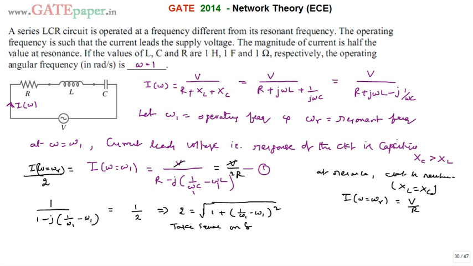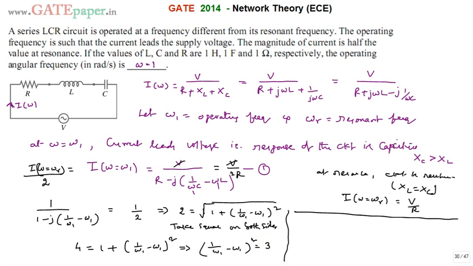So this will be 4 is equal to 1 plus 1 by omega 1 minus omega 1 whole square, so 1 by omega 1 minus omega 1 whole square is equal to 3. So you can write 1 by omega 1 minus omega 1 is equal to root 3.